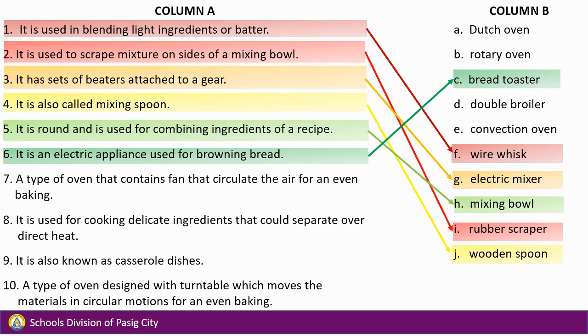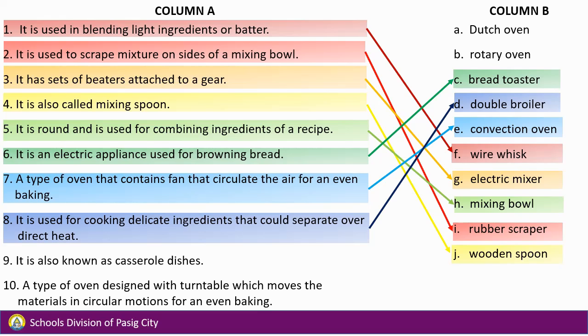6. It is an electric appliance used for browning bread. C. Bread toaster. 7. A type of oven that contains fan that circulates the air for an even baking. E. Convection oven. 8. It is used for cooking delicate ingredients that could separate over direct heat.